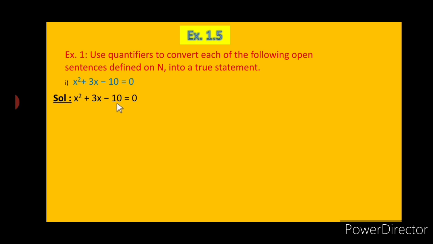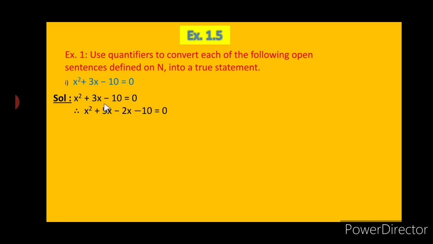So, the two numbers having product 10 can be 5 and 2, but the sign here is minus. That means, the two factors will have opposite signs, and we have to give the sign of the middle term to the bigger number.